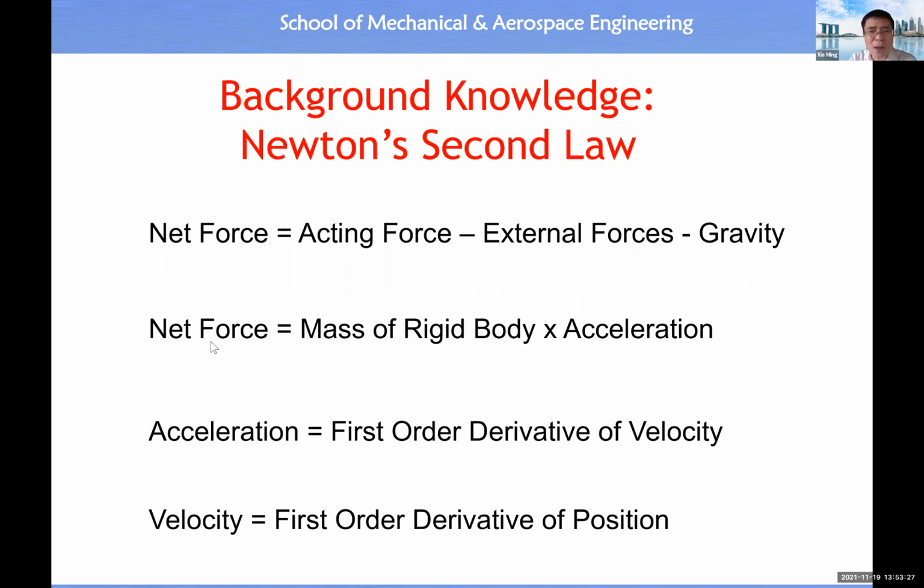Once we know the net force acting on a rigid body, then we know the acceleration produced by the rigid body due to the net force. Then what is acceleration? Acceleration means the first order derivative of a velocity. Then what is velocity? Velocity means the first order derivative of a position. I hope you will be clear about this background knowledge.